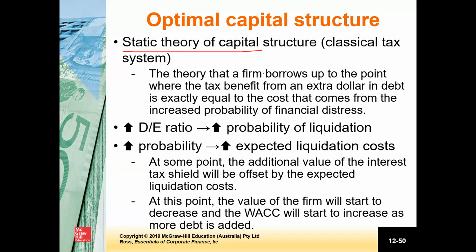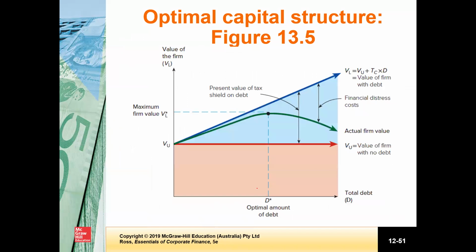We call this the static theory because it assumes that the firm is fixed in terms of its assets and operations, and it considers only possible changes in the debt equity ratio. These points can be described well using this diagram.